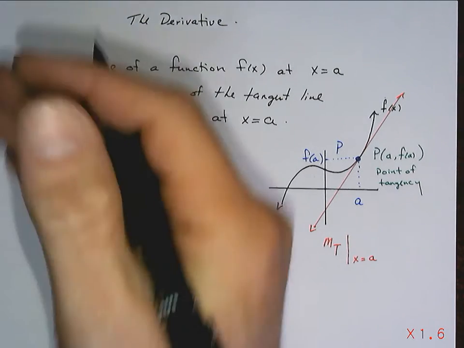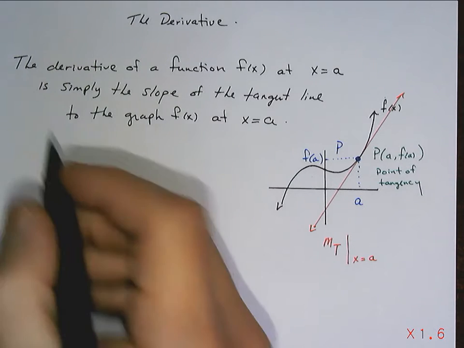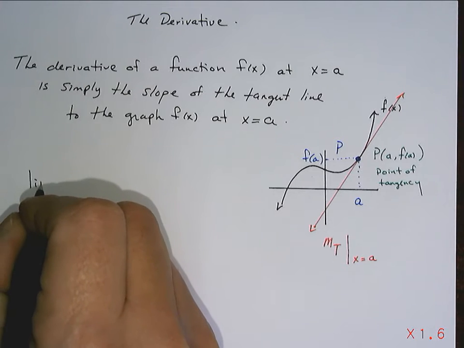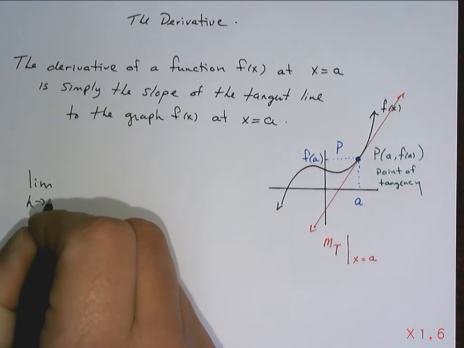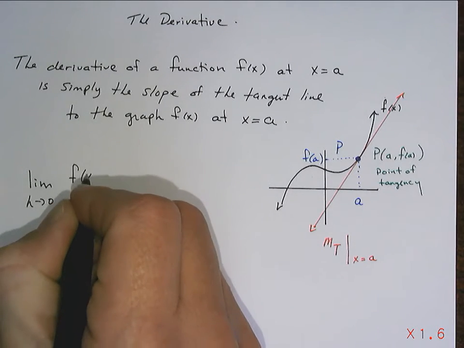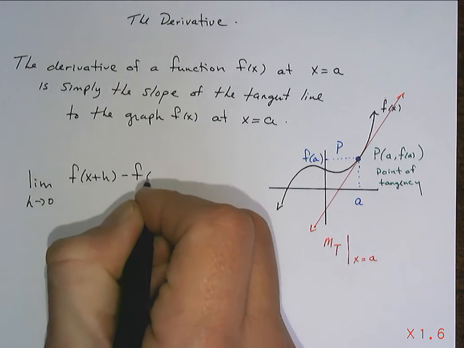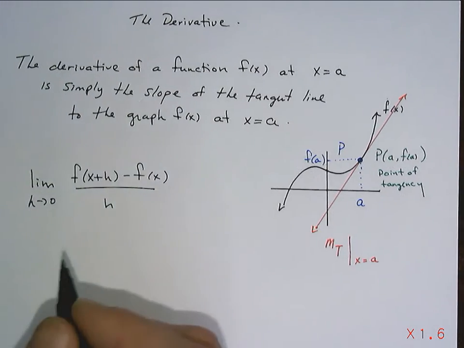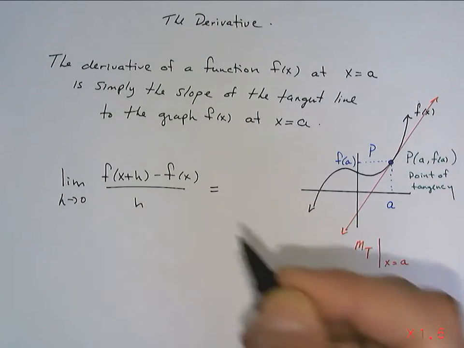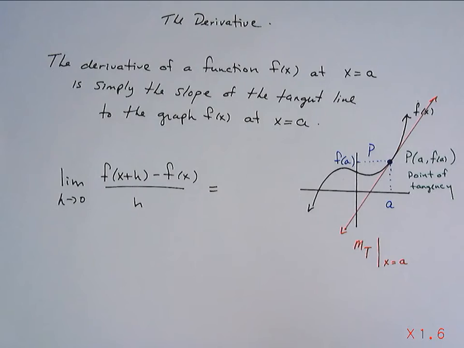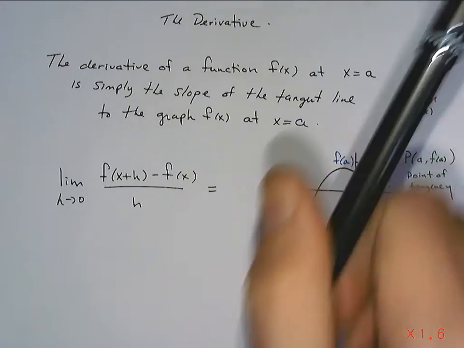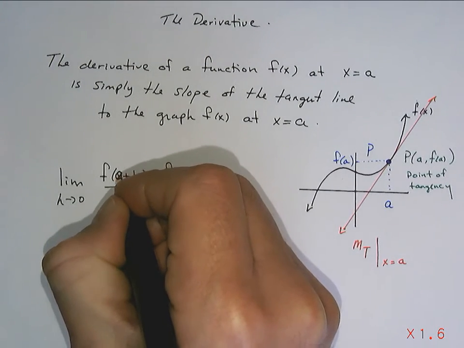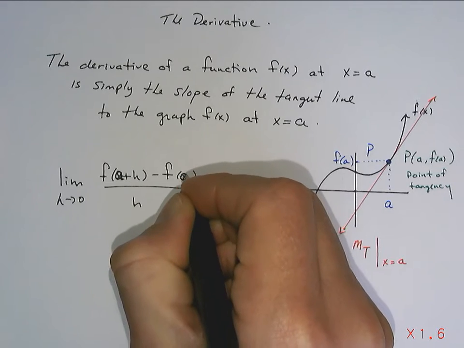Now, we've learned a bunch of things leading up to this, but the actual definition is that it's the limit as h approaches 0 of f of x plus h minus f of x all over h. And that has a very distinct mathematical notation. Oh, I'm sorry, this is wrong. It's not x. This is an a.